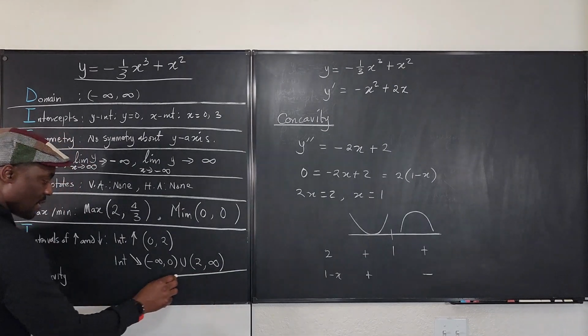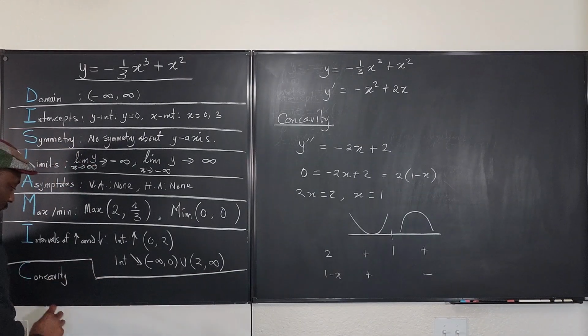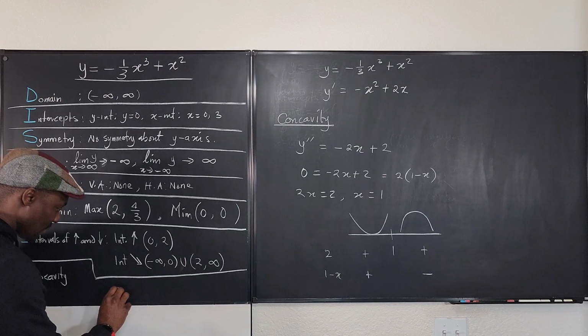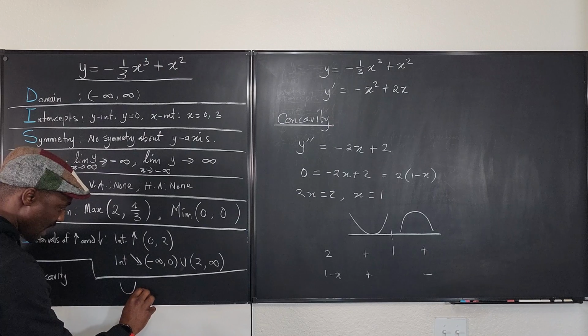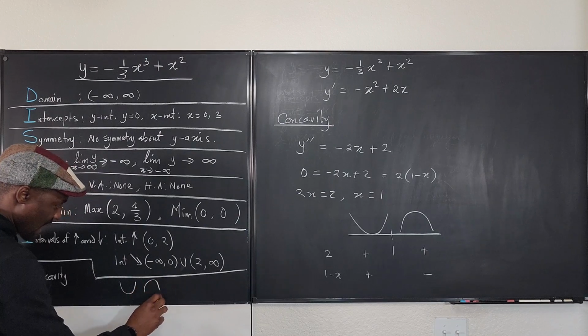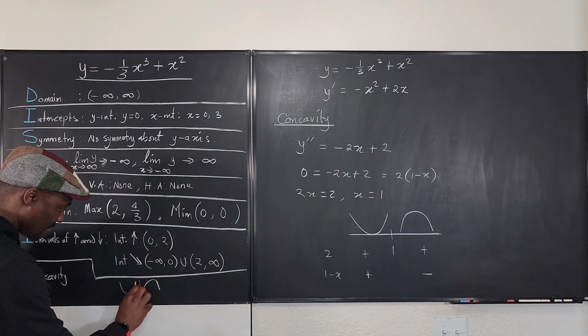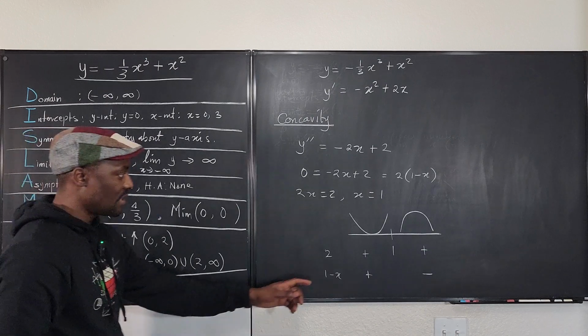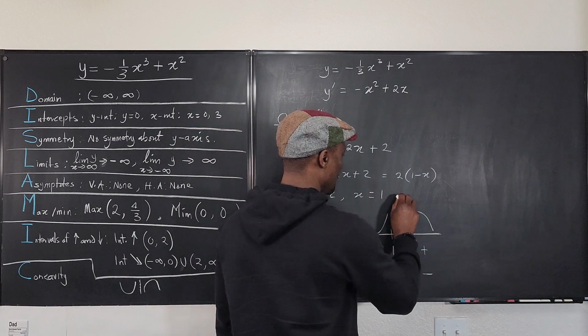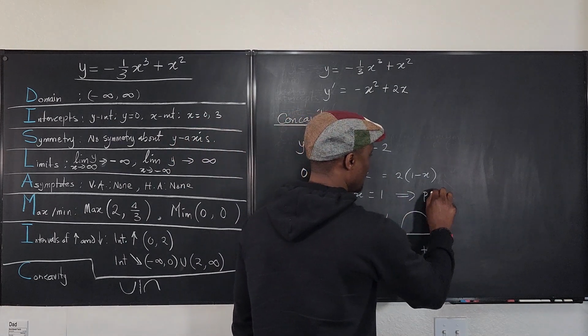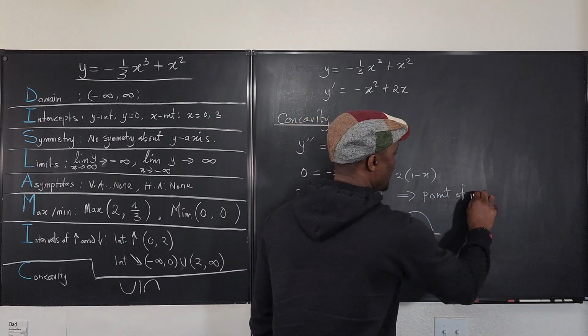Let's give this one its own room. So concavity is, you have this, and you have this, and then the number here. This point here, I forgot, is called the point of inflection. x equals 1 is the point of inflection.